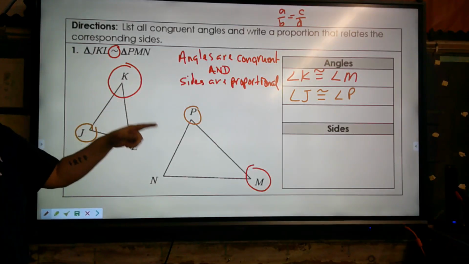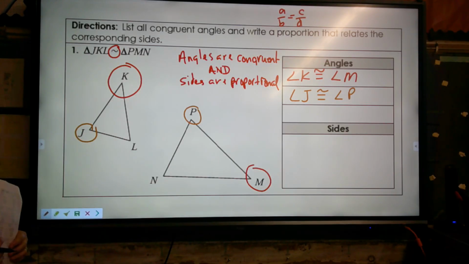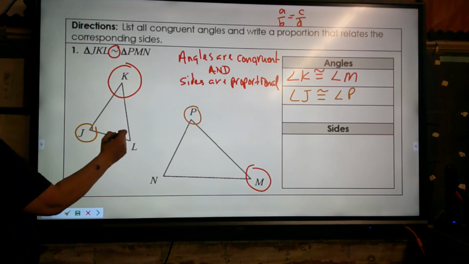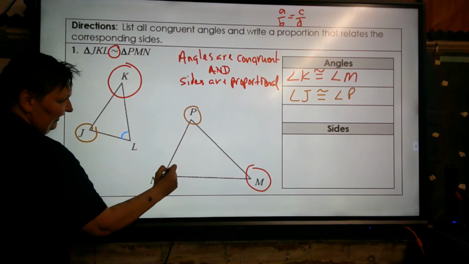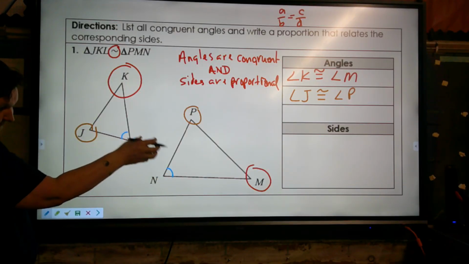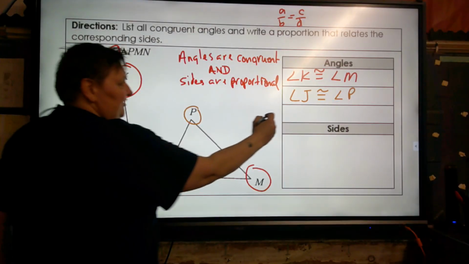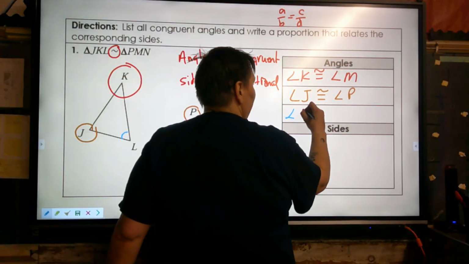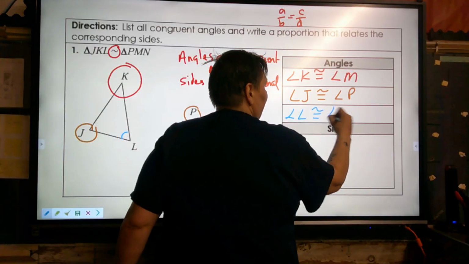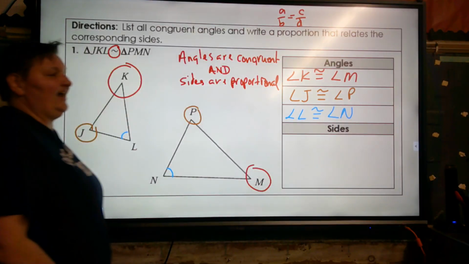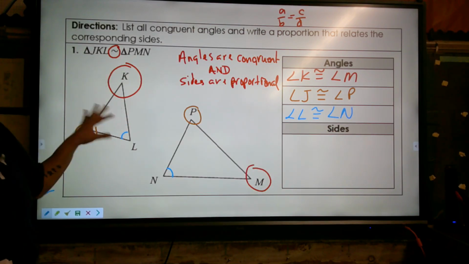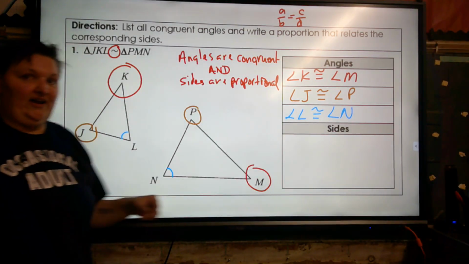We just have to figure out which angles are congruent. And then that means angle L and angle N are going to be congruent. It asked for the congruent angles. There are 3 angles. You should have 3 congruent angles.